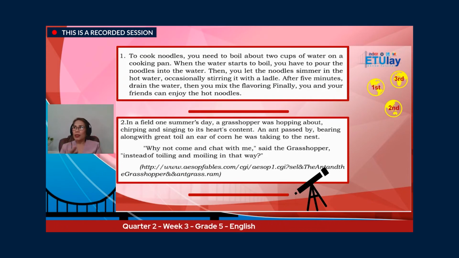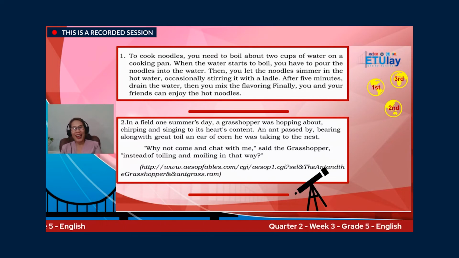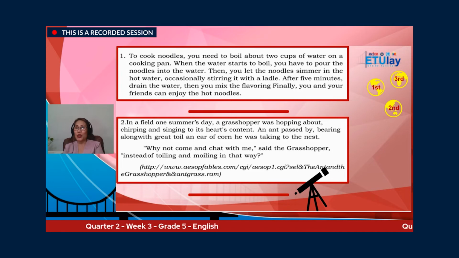Then, you let the noodles simmer in the hot water and occasionally stir it with a ladle. After 5 minutes, drain the water. Then you mix the flavoring and finally, you and your friends can enjoy the hot noodles. All right, so it's an assignment, so you're going to write your answers on your notebook.